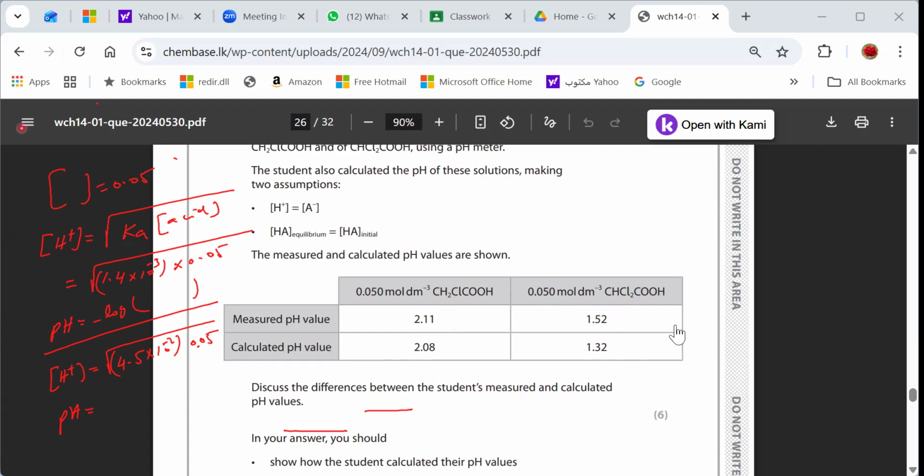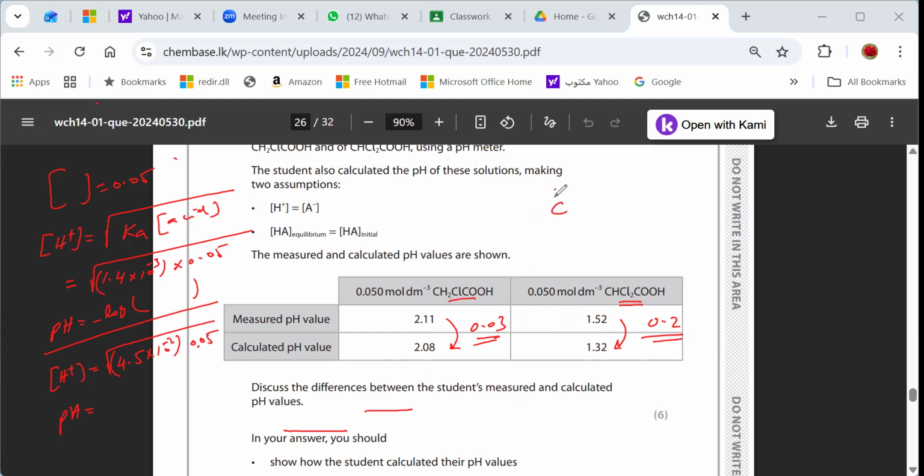If you see the difference here, it is 0.2, and the difference here is 0.03. So you will see that the difference here is greater than the difference here between the calculated and the measured, because the dichloroethanoic acid is a stronger acid than the monochloro.